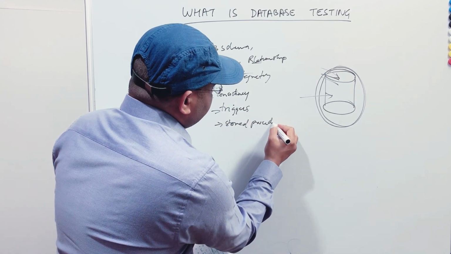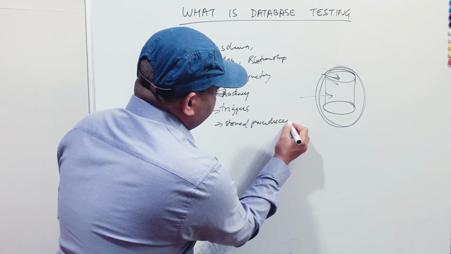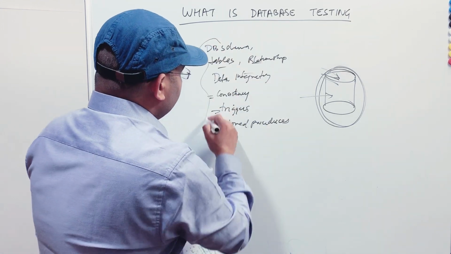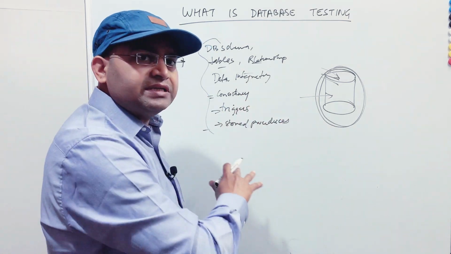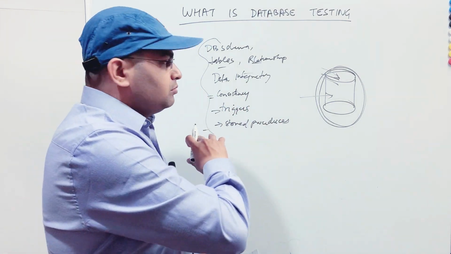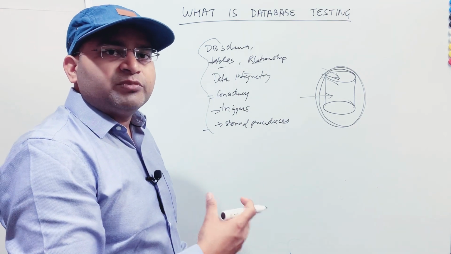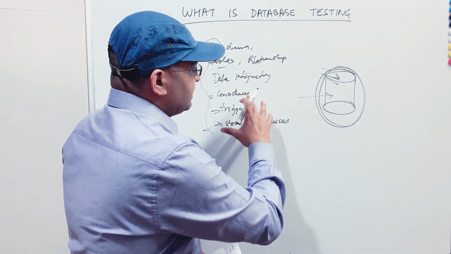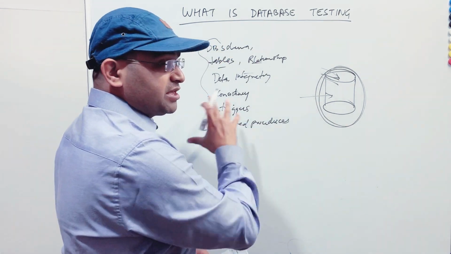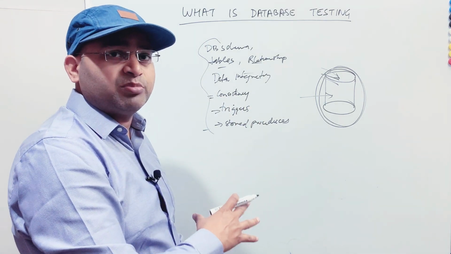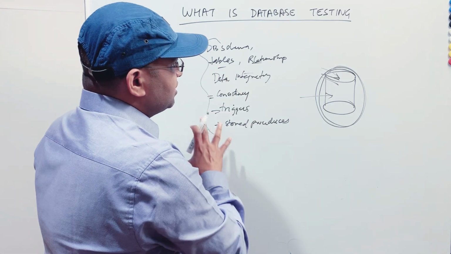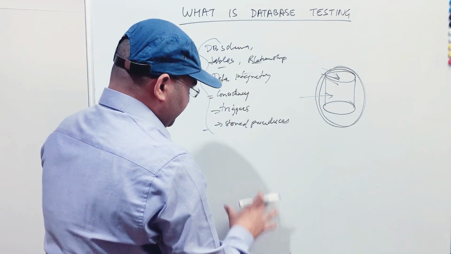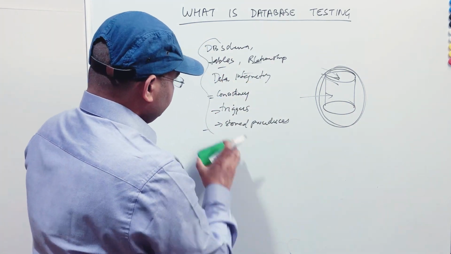These are some of the things that you are interested in verifying when you are doing database testing. Just doing functional testing from the front end doesn't ensure that everything implemented in the database has been tested correctly. There are many things that you test within the database, and these are some of them.